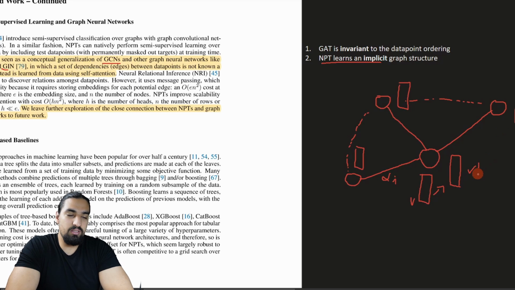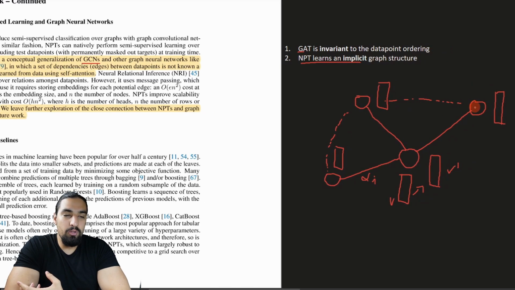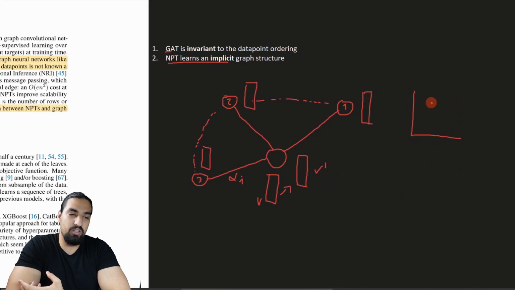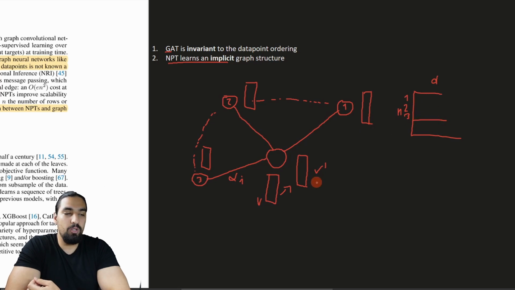The second thing I want to mention is that graph attention network is invariant to the data point ordering. So it's not equivariant, it's invariant. That means no matter how you have these node feature vectors in your table, let's say this is 1, this is 2, this is 3, where here you have data points and here you have the number of attributes, no matter if you shuffle these 1, 2, 3 in whatever permutation, you'll still have the same v prime feature vector.